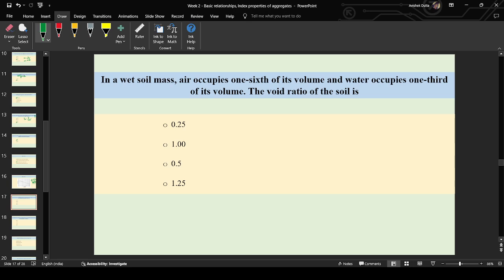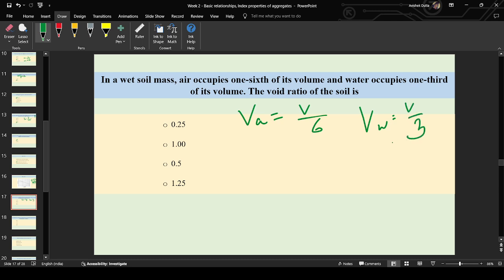In a wet soil mass, air occupies 1/6 of the volume and water occupies 1/3 of its volume. The void ratio is, what is the answer? B, that is 1, right? So air occupies 1/6, water occupies 1/3.